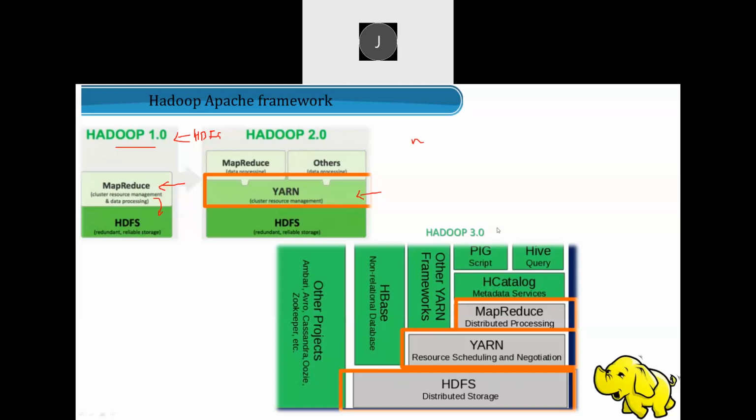Then later in Hadoop 3.0, from version 3.0, they have other processing units along with YARN, HDFS and MapReduce. They have Pig, Hive, HBase, other projects, and HCatalog. These are the processing engines. See, you take your data set, as if you are taking a data set in your machine learning.